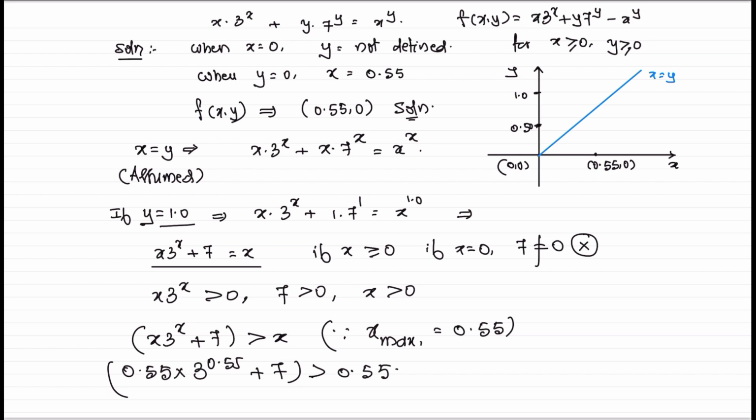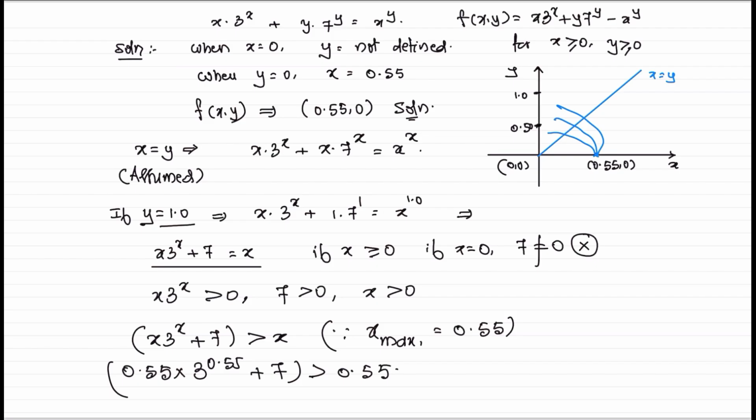Hence, y is equal to 1, the curve will not touch. Whatever may be the value of x, the curve will not go near y is equal to 1. That means the curve will be like this or like this, but it will never touch 1.